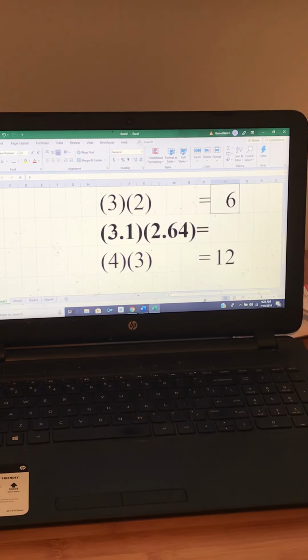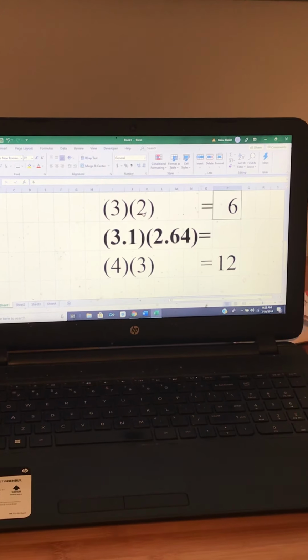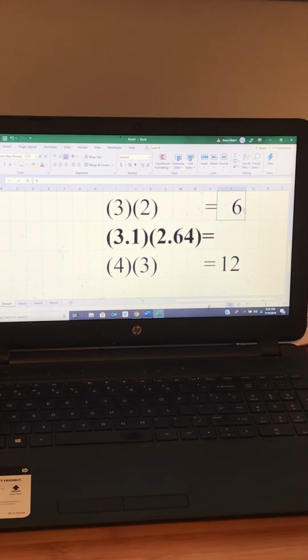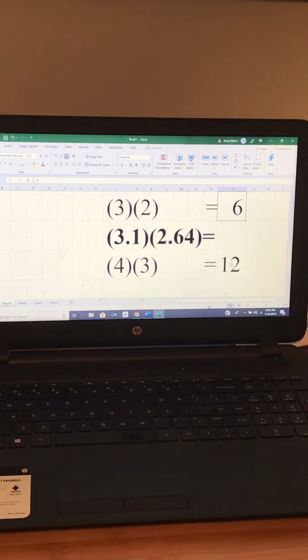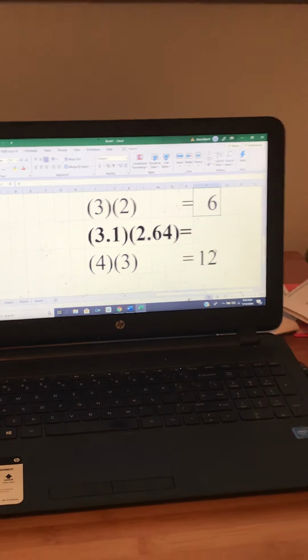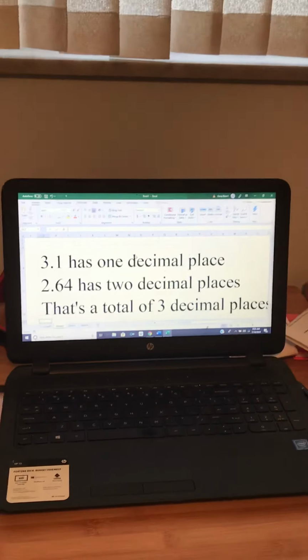Notice that the bold is in the middle. That means our answer is in between 6 and 12. So already, without doing anything, just having a knowledge of how to multiply single-digit numbers, we have a very tight range for our answer.